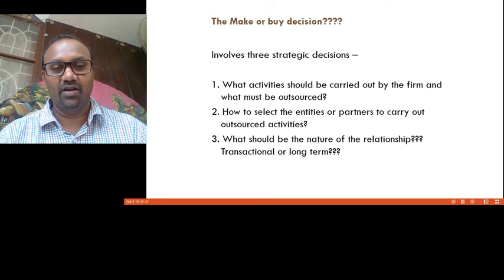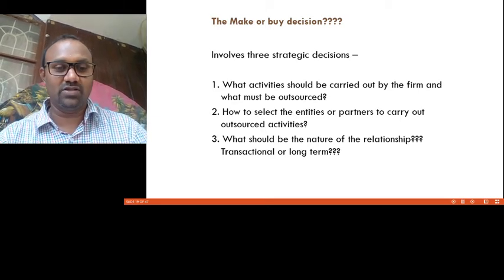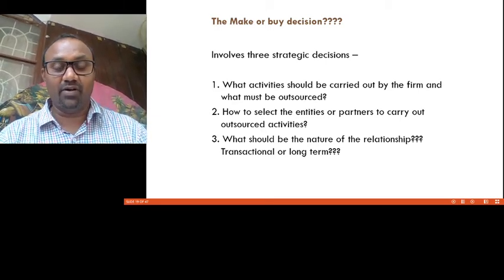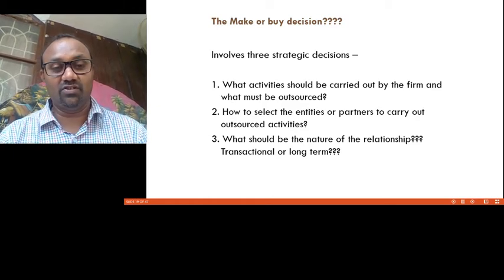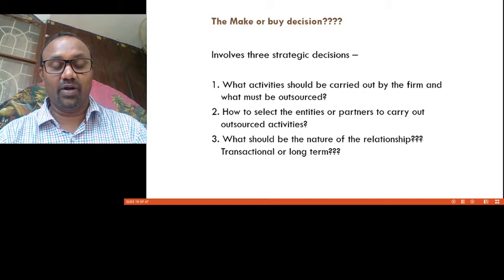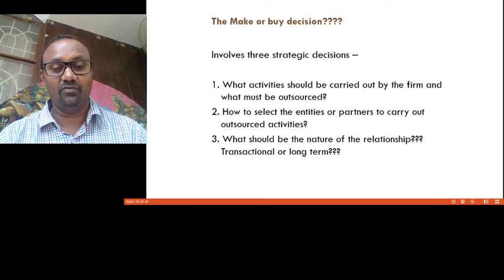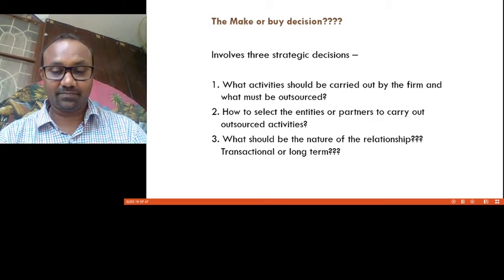It's an open-ended one with no specific time clause as such. So these are three important decisions a firm will have to take when it goes into this decision of make or buy, or when it goes into the decision of becoming a part of the global outsourcing advantage.